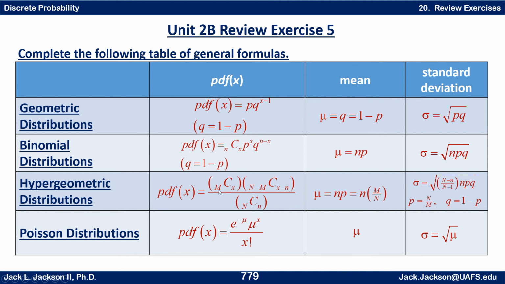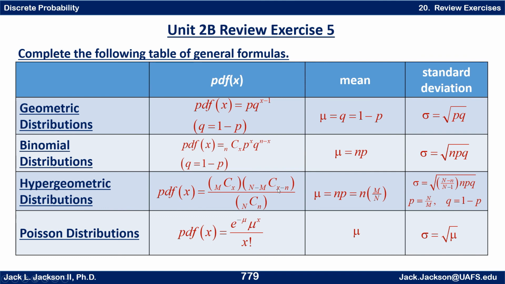So the part for successes is we take the big M successes in the population and we choose little x of them. The failures part is big N minus big M, the number of failures in the population, and we choose little n minus little x of them, the number of failures in the sample.